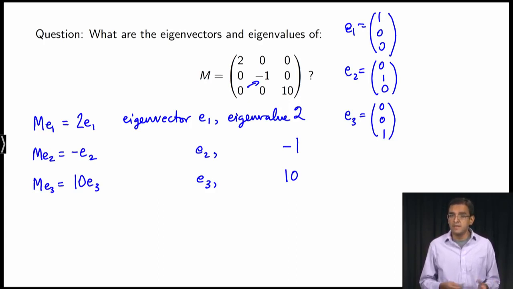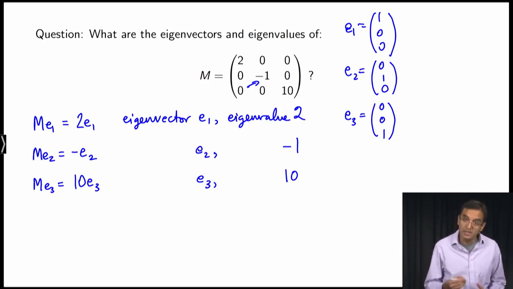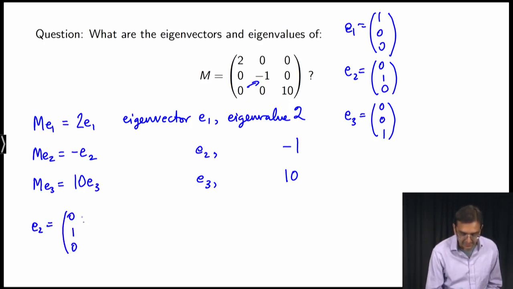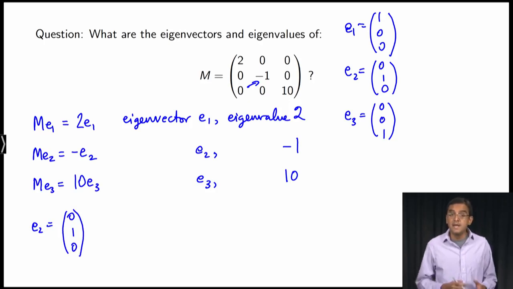Are there any other eigenvectors? There are actually lots of other eigenvectors, because if E2 is an eigenvector, then any multiple of E2 is also by definition automatically an eigenvector.